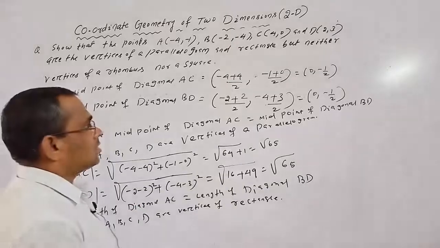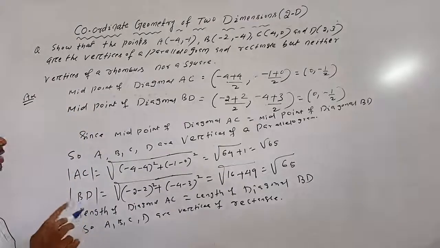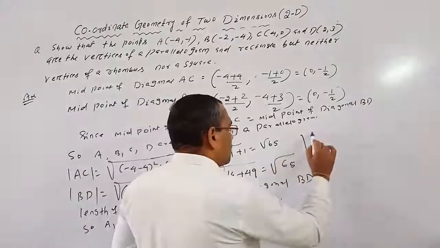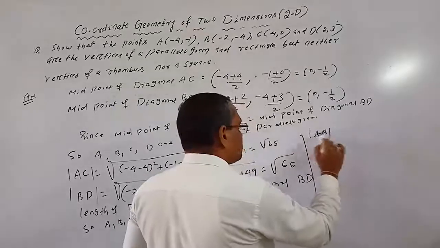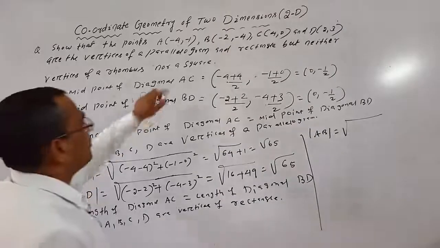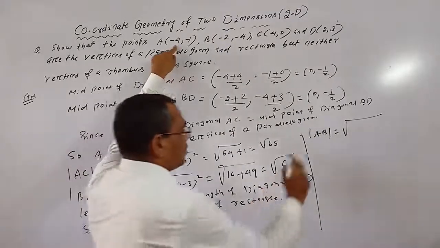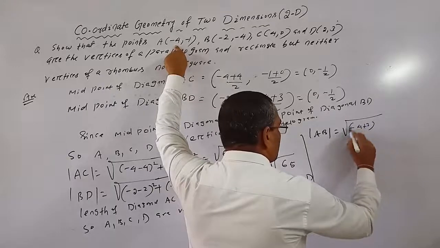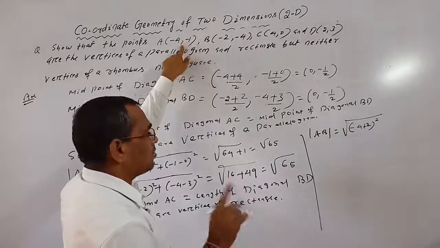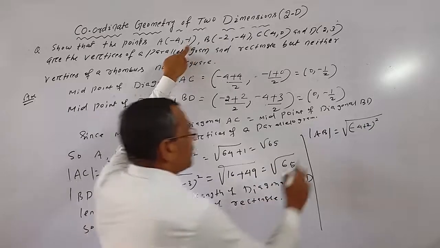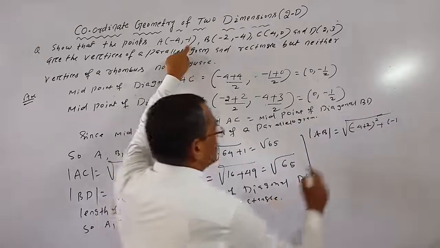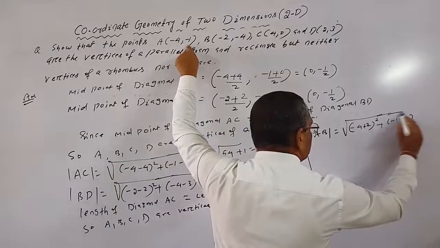Okay, means first you have to find the length of adjacent sides, that means AB. So length of one side AB: x coordinate difference squared, minus 4 plus 2, over minus 4 minus 1, plus y coordinate difference squared, minus 2 plus 2, plus here minus 1 plus 4 squared.